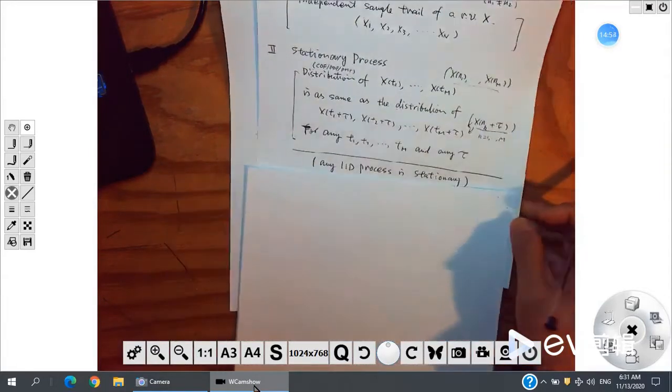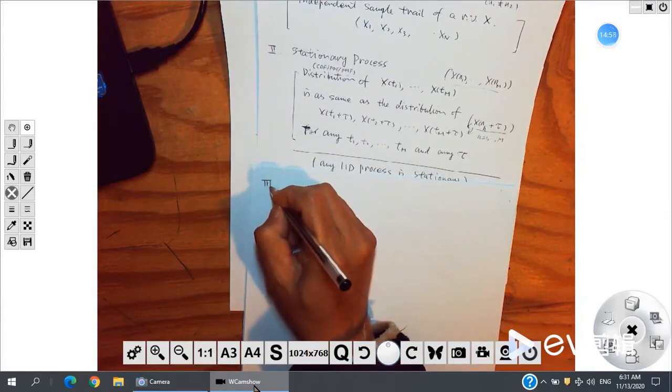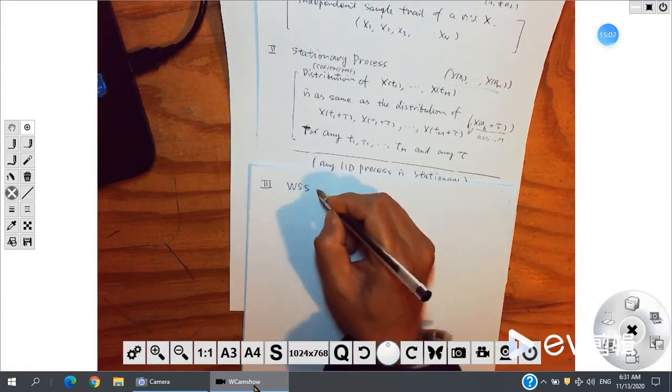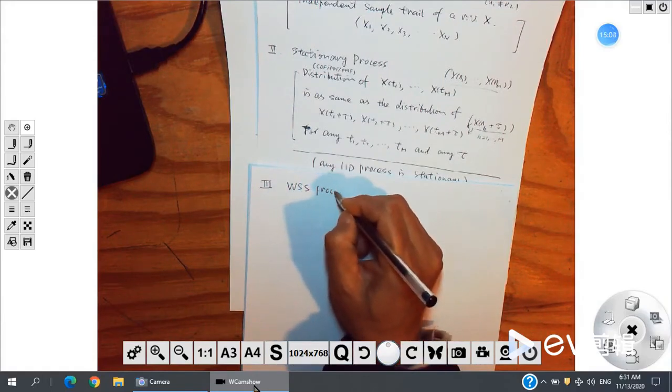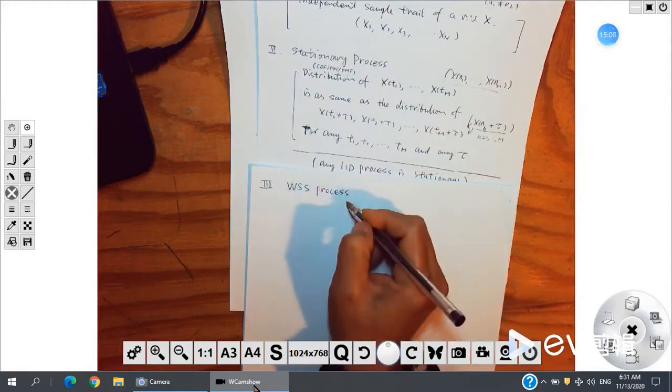Then we have another one, the third type. The third is the wide sense stationary process. This kind of process considers even more processes.